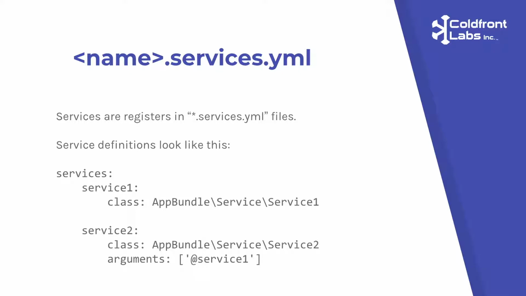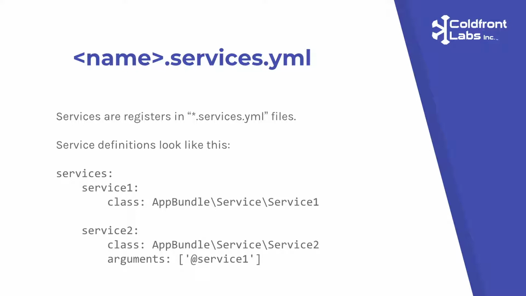Now I know, if somebody asks for service 1, what object to give them for service 1. Let's say a service has a dependency, and we want to let the service container know about dependency injection for it. So we have service 2. Service 2 actually needs service 1 to be initialized.